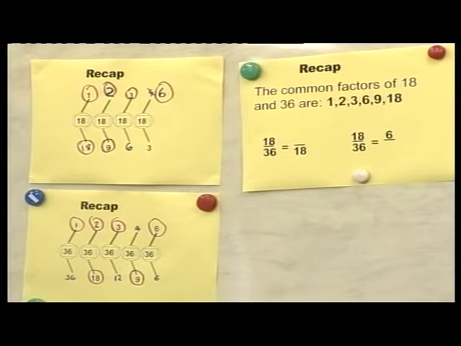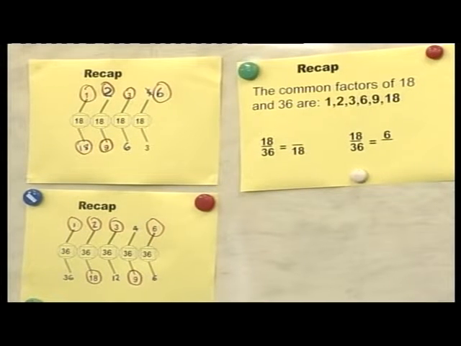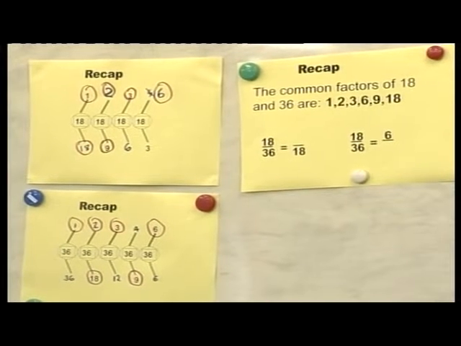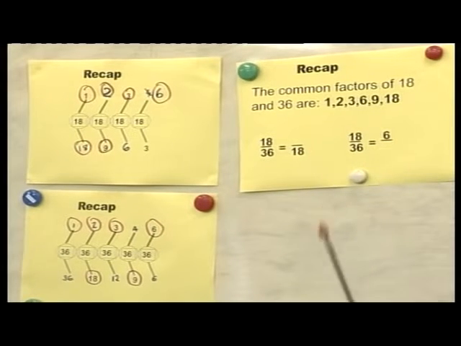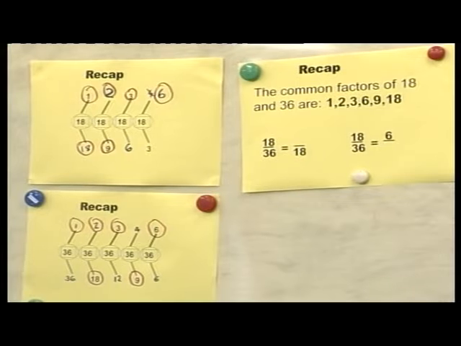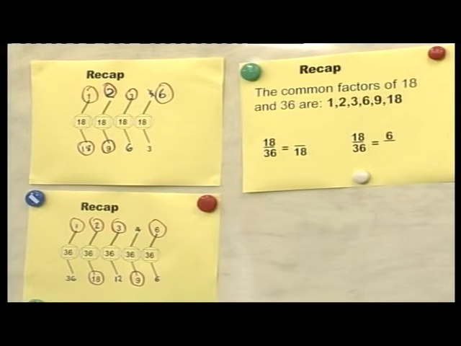Rodney, quickly come up and write the common factors that you have used in order for you to come up with the first equivalent fraction. I would like another student to come up and do the second one.